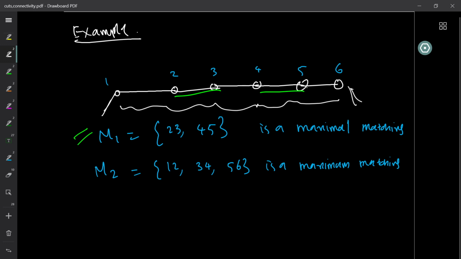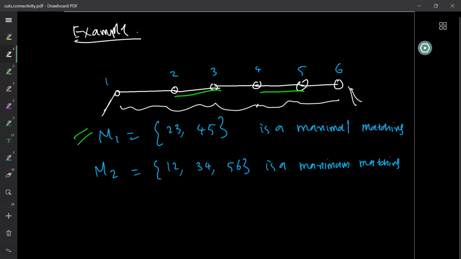So, given an example like this, how do you come up with a matching of larger size by looking at the M augmenting path? Because the path is M alternating and both endpoints are unsaturated, the vertices at the endpoints of this path are not saturated.